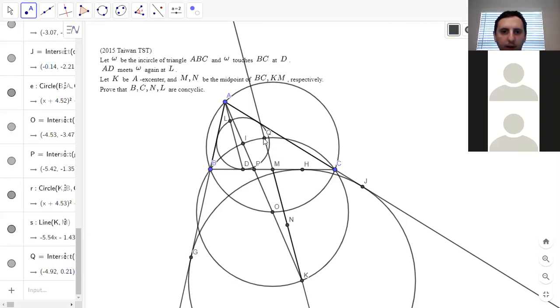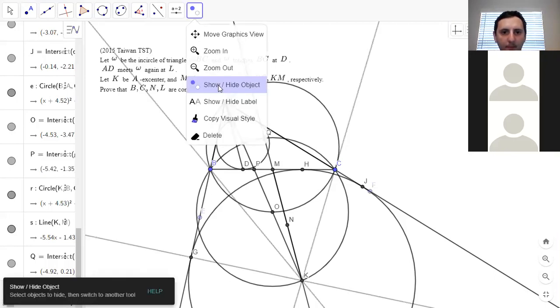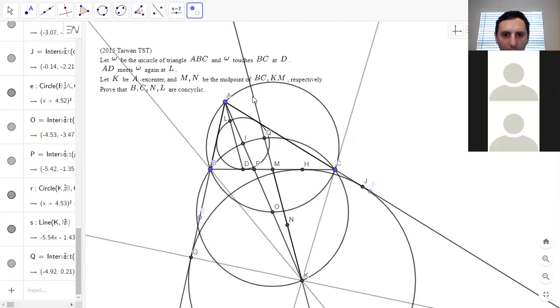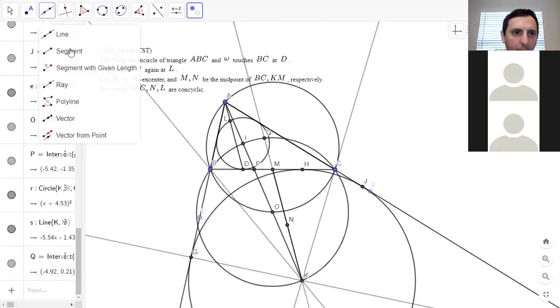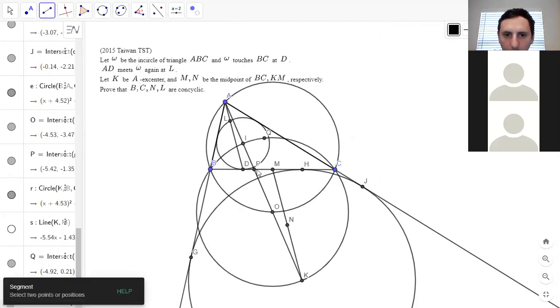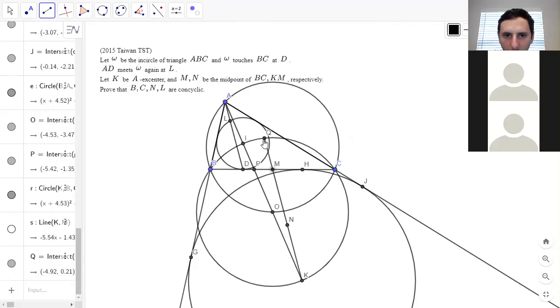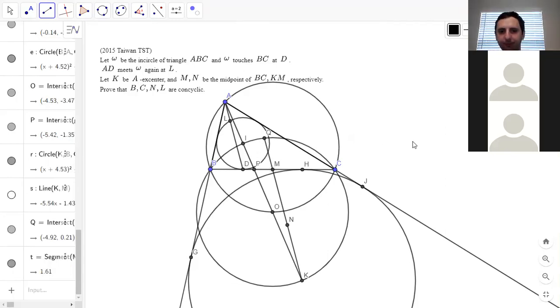So IK is a diameter. So yeah, I'm trying to use power of a point. So we have BM times MC is KM times MQ. And then NM is half of KM. And we want to show that B, C, N, and L are cyclic.